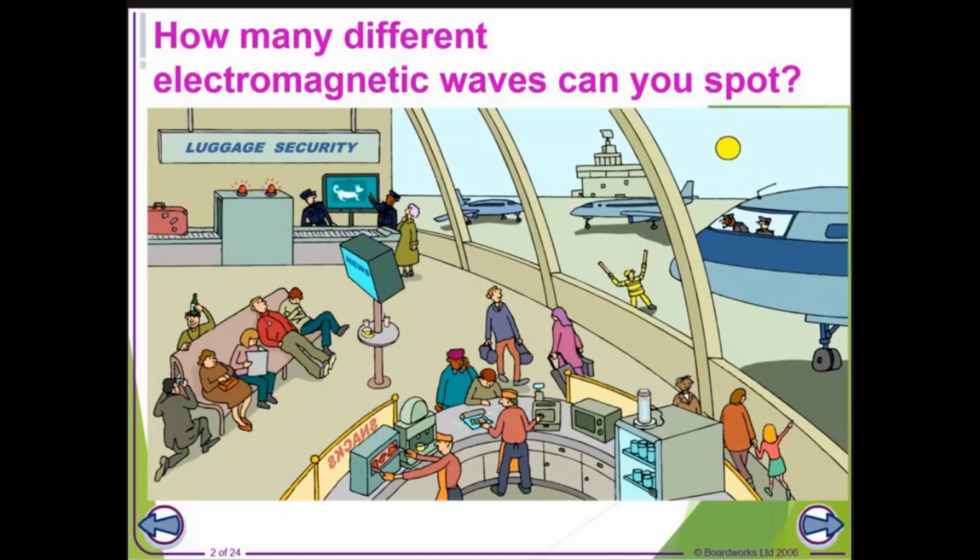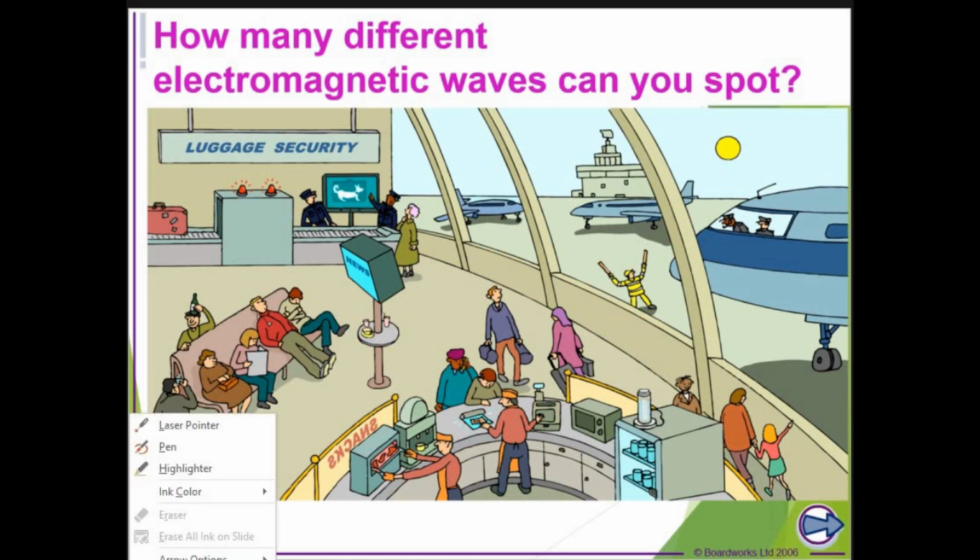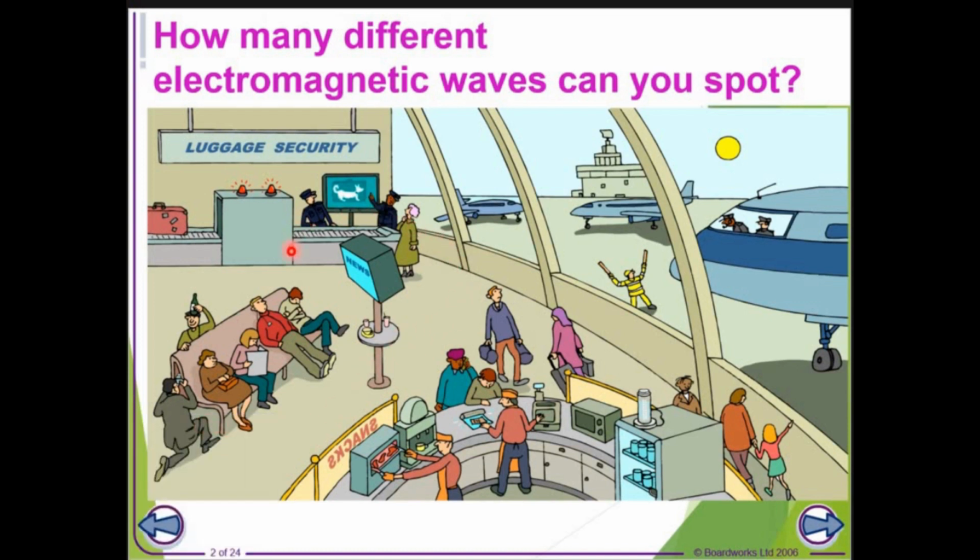How many different electromagnetic waves can you spot? You would see there the radio waves here. The radio waves on the TV screen and the pilot talking on his radio here being transmitted through the aerial on top of the plane's cockpit.